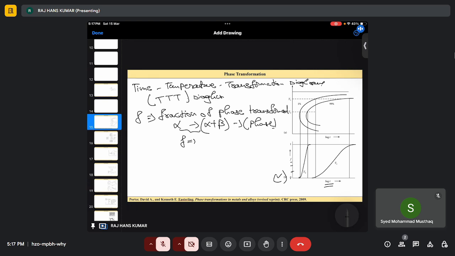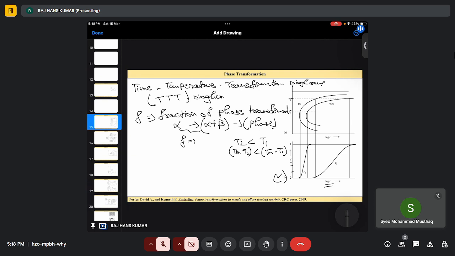Now, at higher temperatures, or let's say if we have a large amount of undercooling, so this is T1, T2. Let's define T2 is less than T1. That means Tm minus T2, or the transformation start temperature, is larger than Tm minus T1.